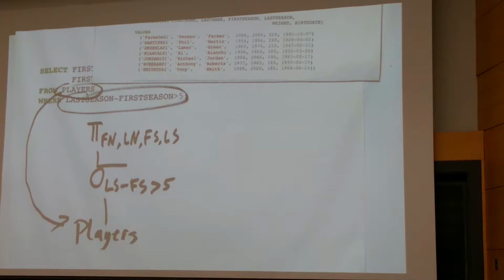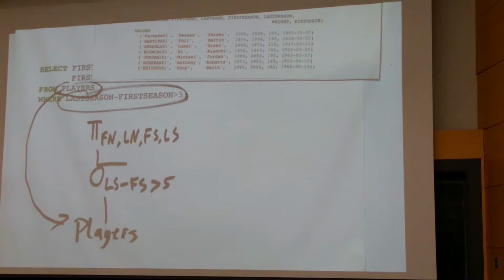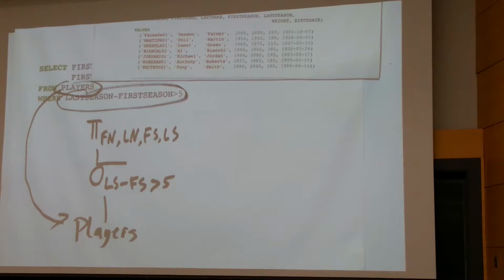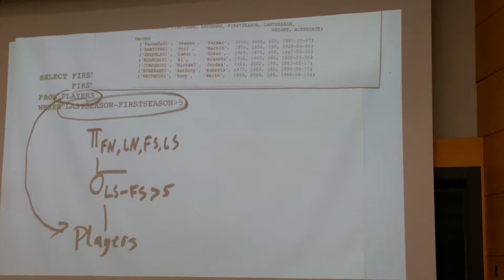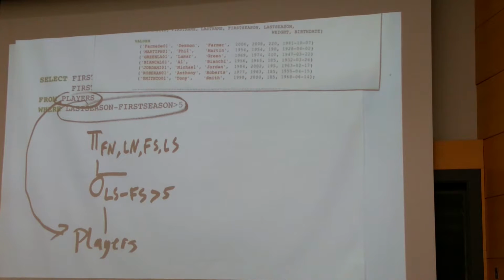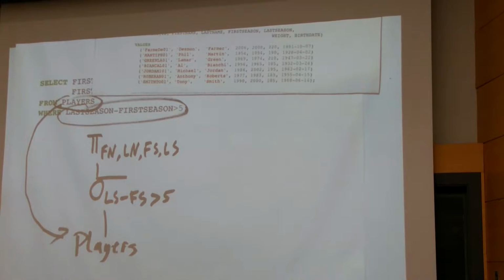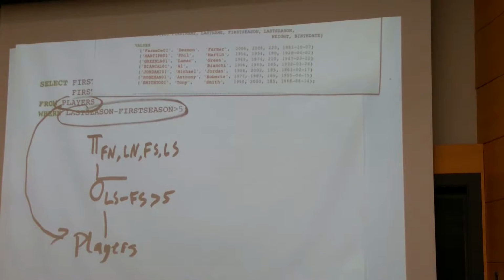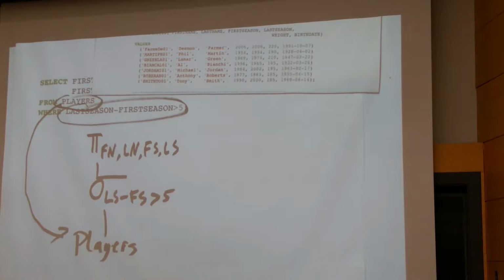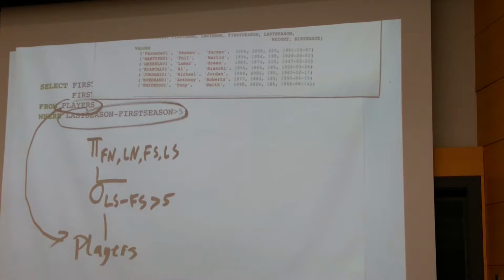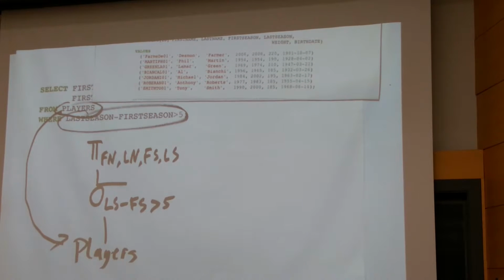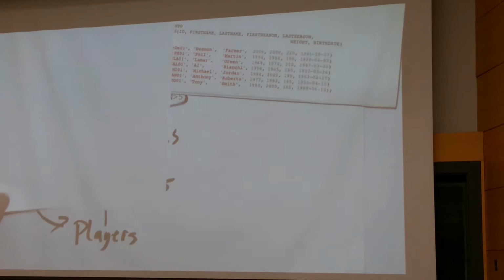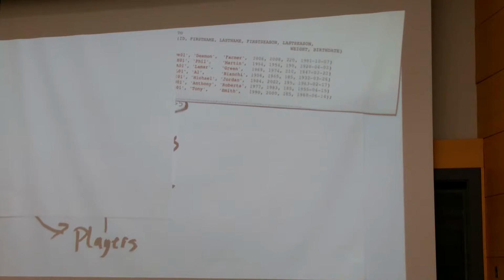So, as we're evaluating this, where do we start? Players. Okay, so we can evaluate each of these compositionally. We're going to start at the bottom, and basically ignore everything above players.